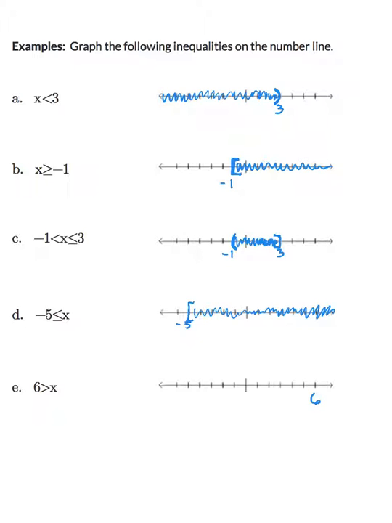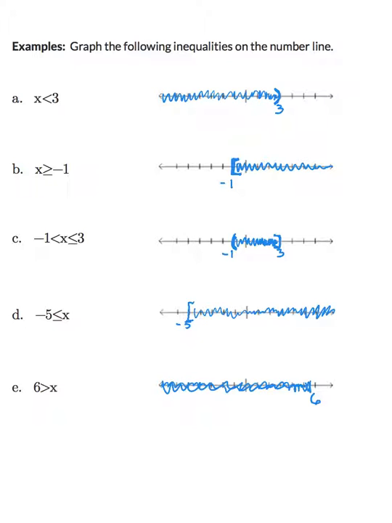Is 6 greater than -4? Yes. What about 8? Is 6 greater than 8? No. So 8 is actually to the right of 6. This is not the area that I want to shade. 4 and -2 are on this side, and they did satisfy the inequality. And so that is the direction that I want to shade. So I'm going to shade to the left.